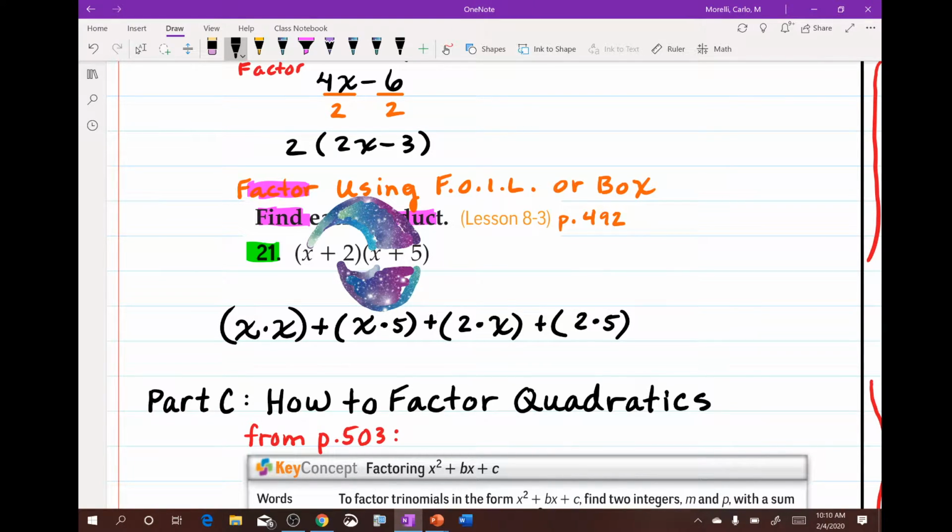Okay, so let's simplify that. x times x is x squared, plus x times 5 is 5x, plus 2 times x is 2x, plus 2 times 5 is 10. And we can combine these terms in the middle.